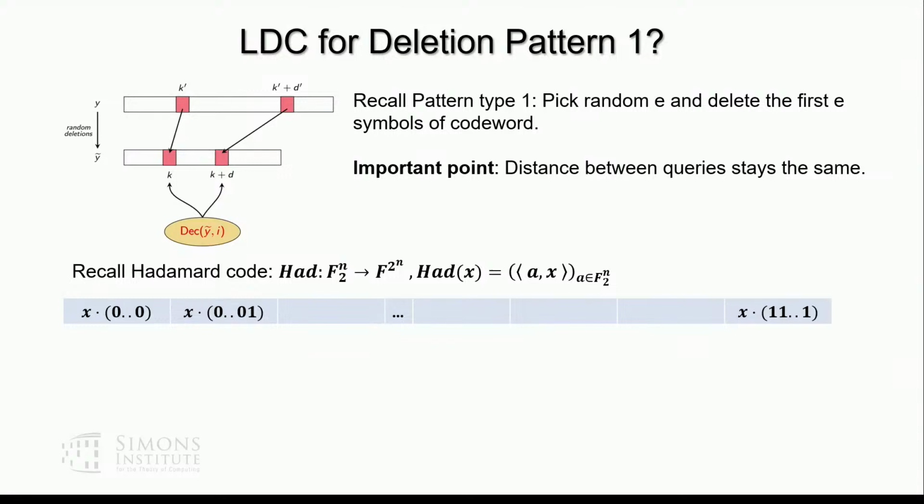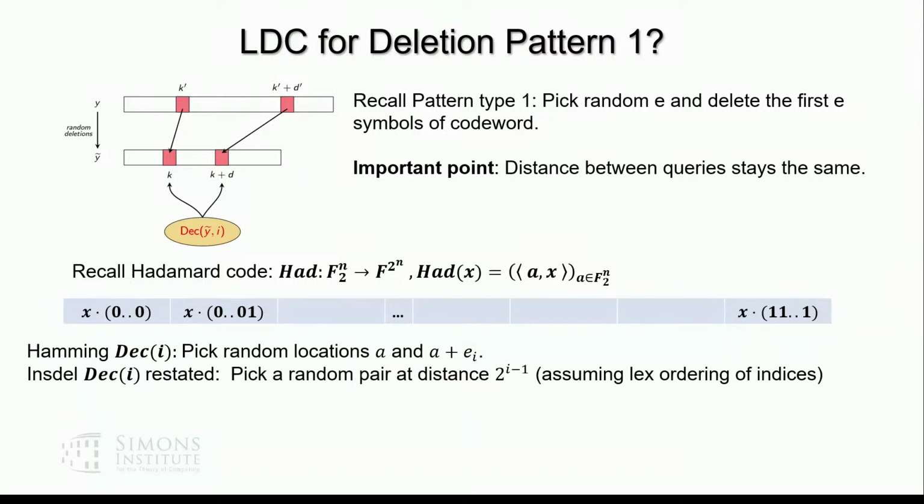It's just a simple type of errors that you are allowed to make. It turns out that some massaging of the Hadamard code that we've seen before actually does work. If you recall, to decode at position I, you pick A and A plus E_I, where plus means binary addition here.